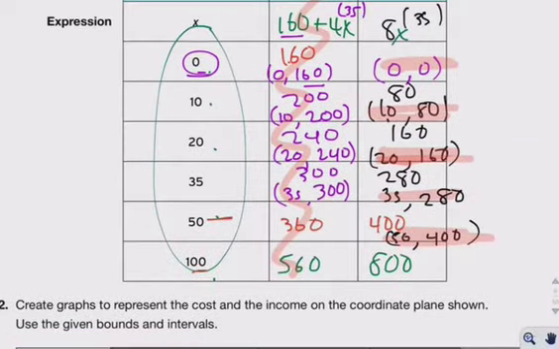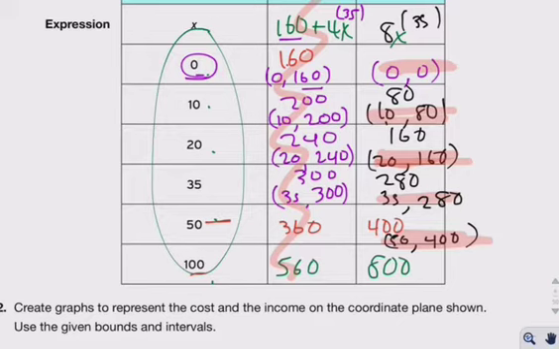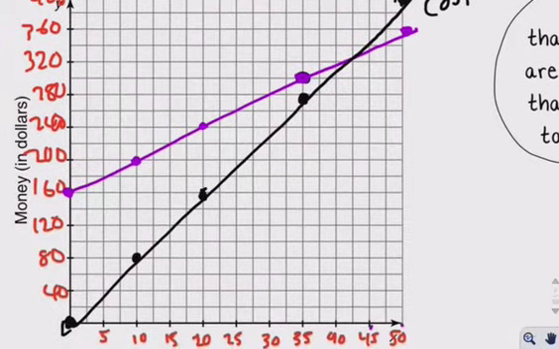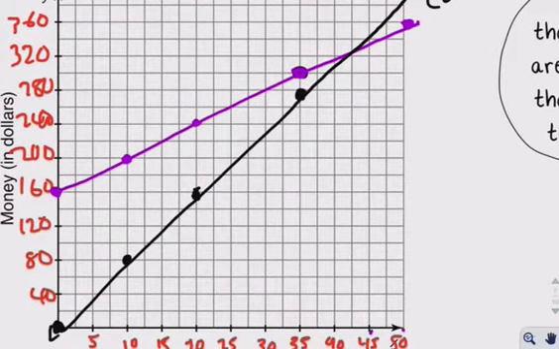If you look at the table, cost is more still at 35. Okay? The cost is more. Look at the table. The cost is more up to right there. And right there, let's say about 40. Up to 40, the cost is still more.